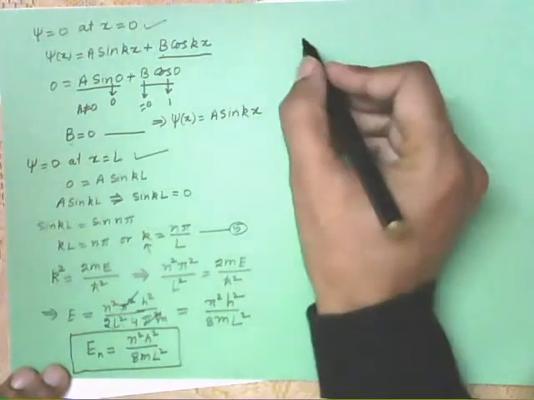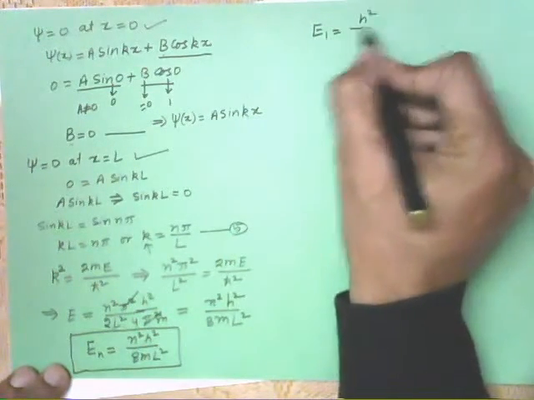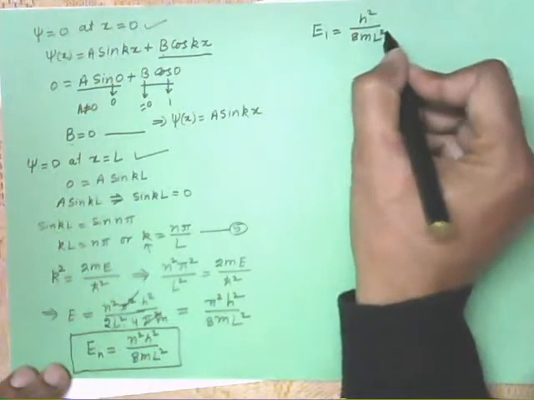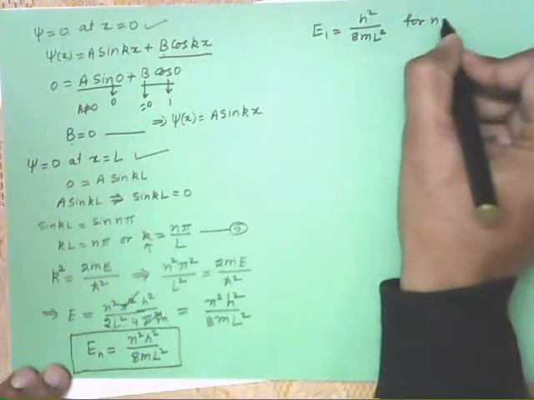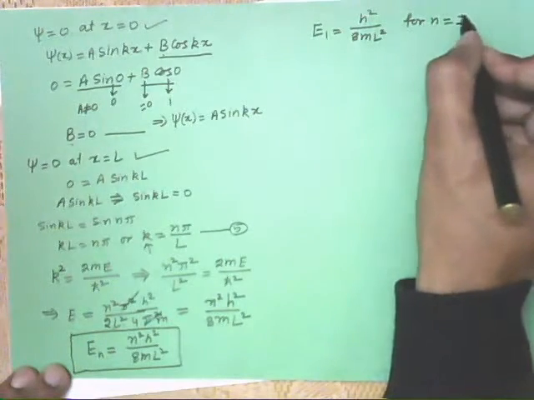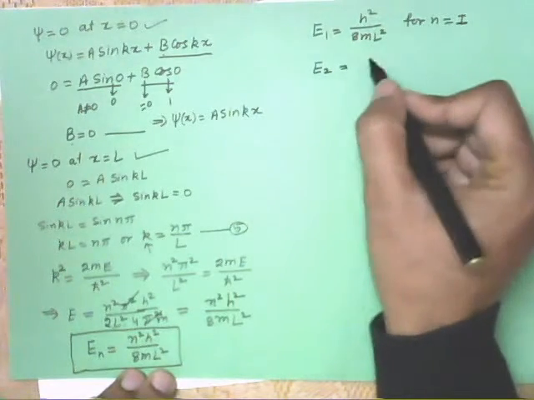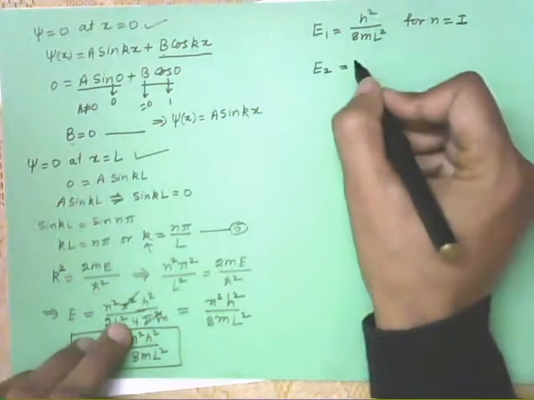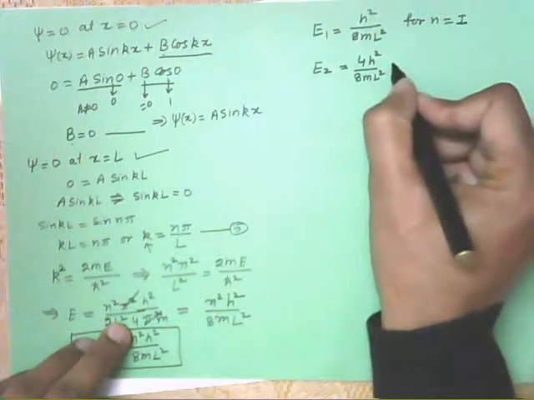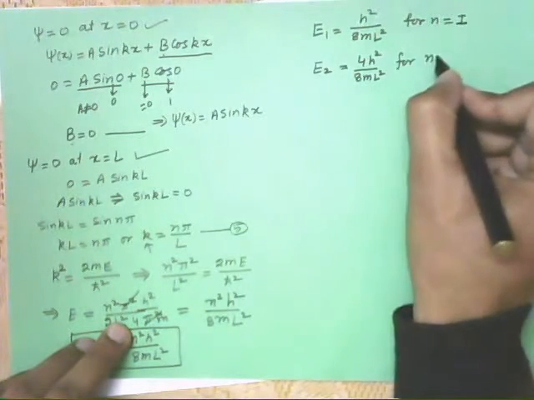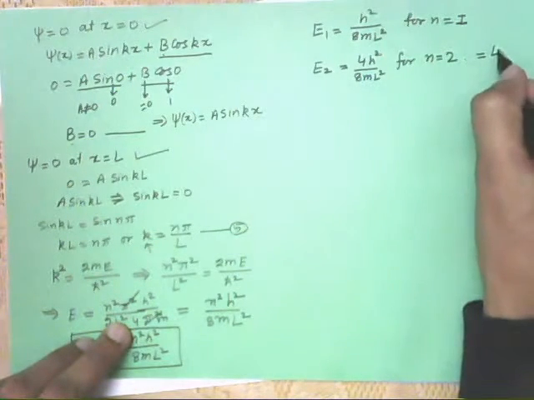So it is clear that E1 will be h square upon 8mL square. This is for n is equal to 1. E2 is equal to n square, n is 2 here, so 4h square upon 8mL square. This is for n is equal to 2, and this is equal to 4 times E1.